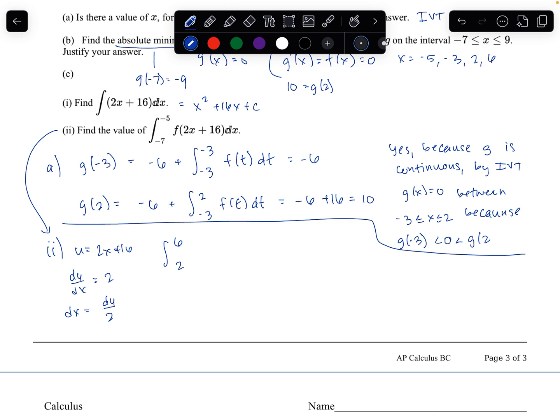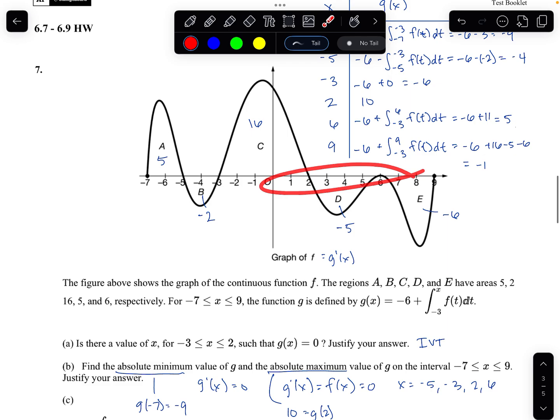And then we're going to have f of u du over 2. So that's going to be equal to 1/2 integral from 2 to 6 of f of u du. And now we know what the function f is. We have the function f right here.